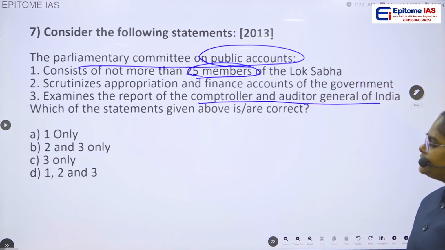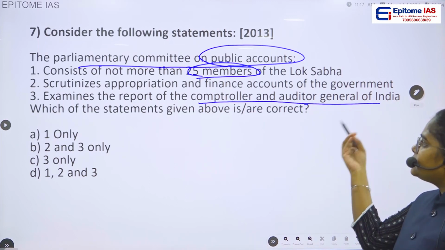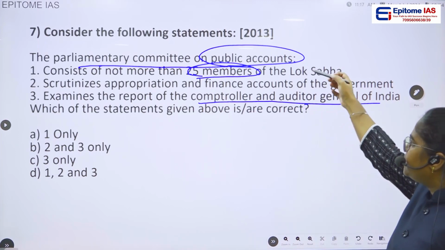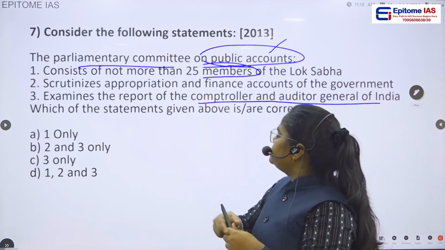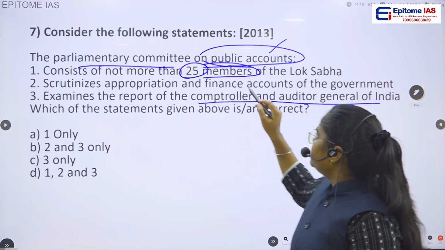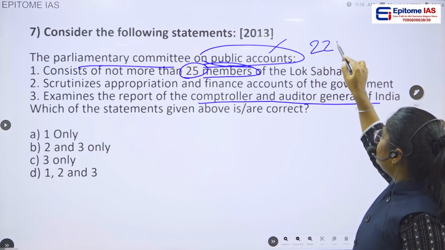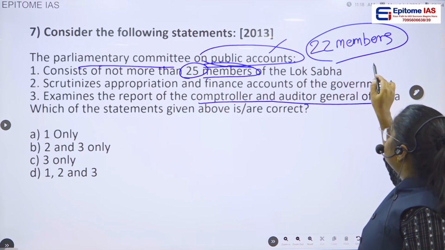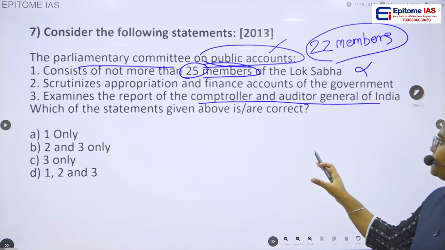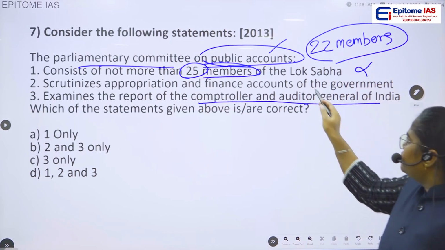So if you see here, the first statement says that the Parliamentary Committee on Public Accounts consists of 25 members. So this is actually wrong. Why? Because it consists of only 22 members, not 25 members. So this statement is actually wrong. And also what they are saying is of Lok Sabha.